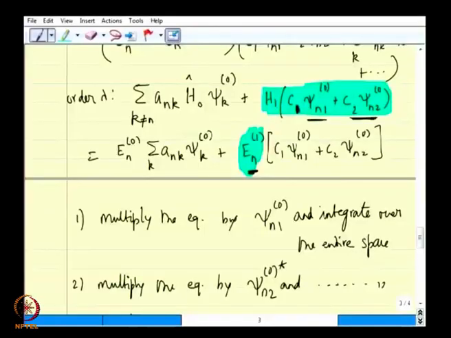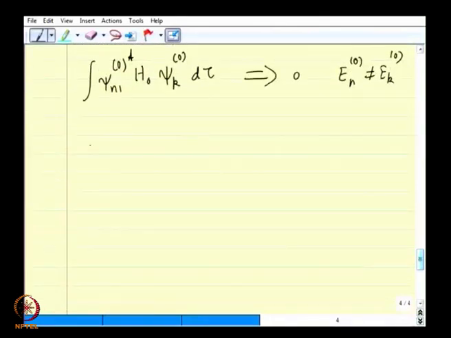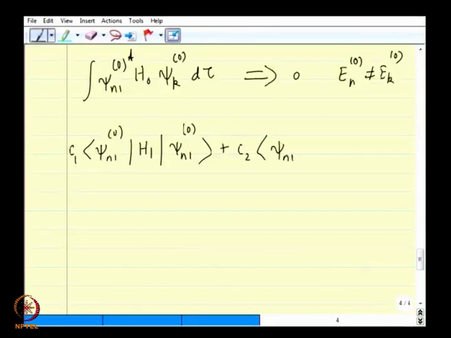So what you have is, when you multiply on the left hand side by psi n1 0, you get two terms, namely, let me write this in the bracket notation, psi n1 0 H1, that is the coefficient C1, psi n1 0 plus C2, the coefficient, psi n1 0 H1 psi n2 0.